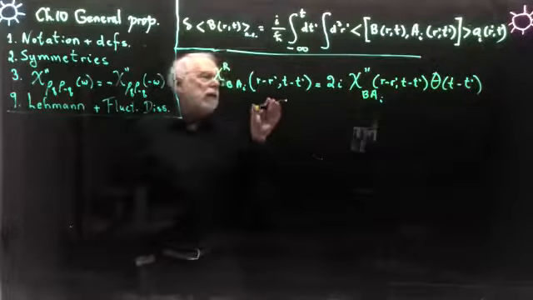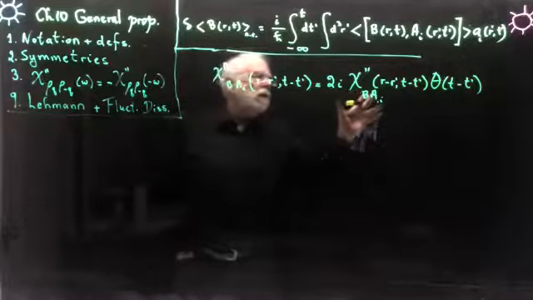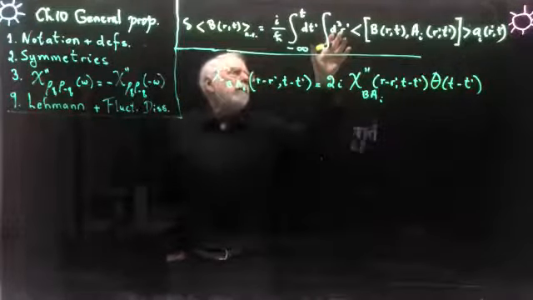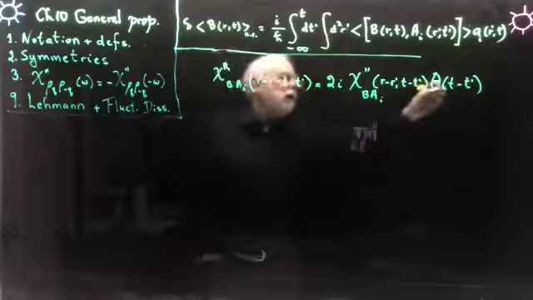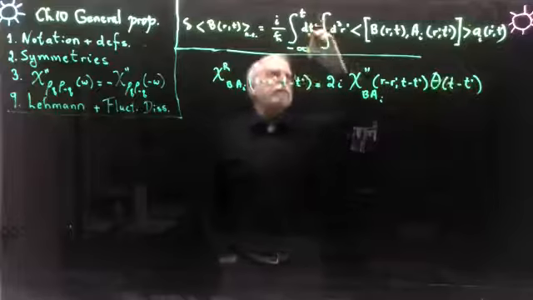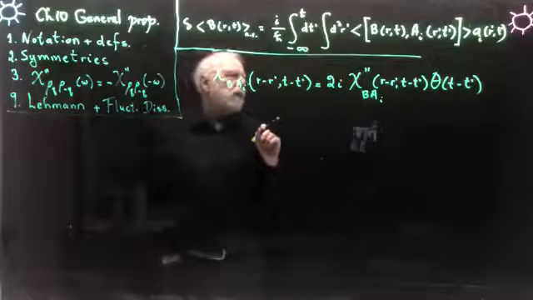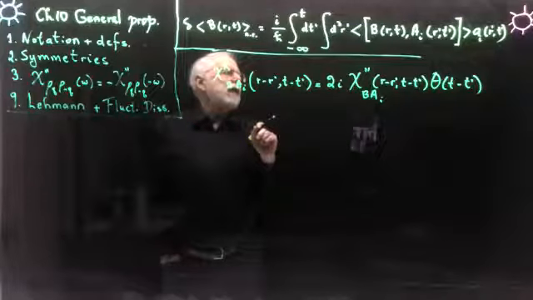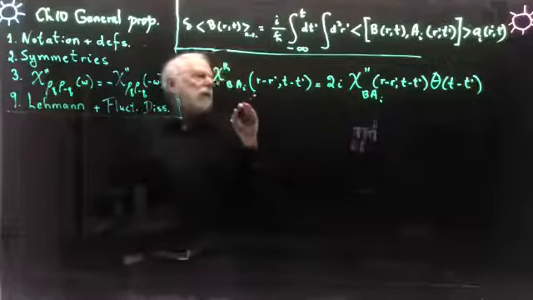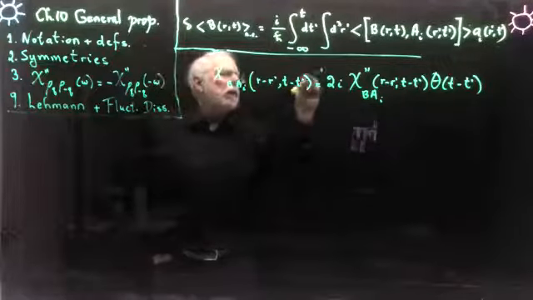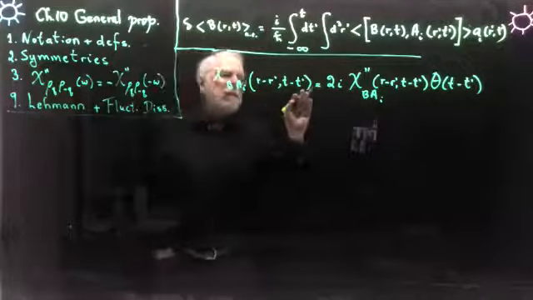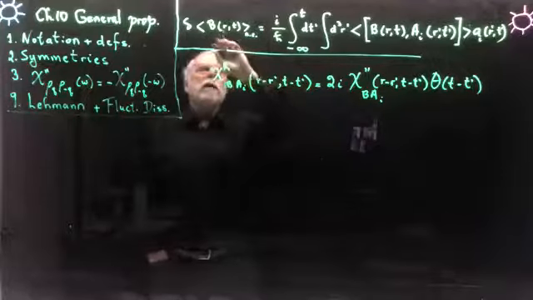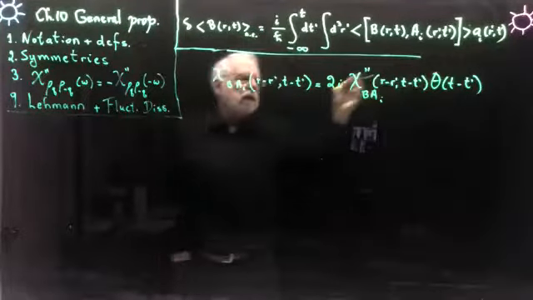What will happen if I do this definition, when I substitute here, is that I will be able to extend the integral to infinity because I have theta of T minus T prime. So the T prime integral will go to infinity, and this will be the retarded response.